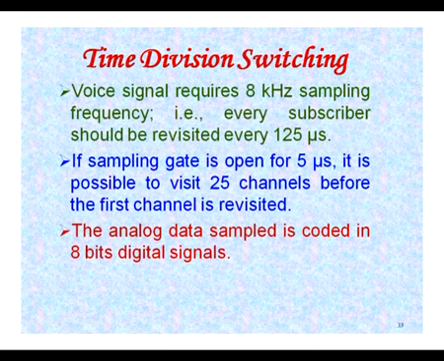Okay, 8 kilohertz is equivalent to 125 microseconds. So after every 125 microseconds, if I take a sample from a voice signal on a telephone line and send it out, then at the receiver end, the regenerated signal will be reliably good, audibly clear, and without any hindrance.